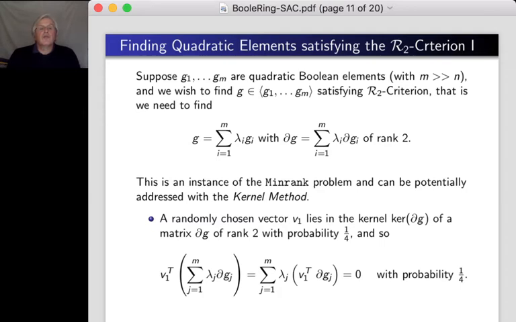So if a vector lies in the left kernel of the sum of lambda_j times the partial matrix partial G_j, then v1 transpose times this matrix, which we can write as the sum of lambda_j times v1 transpose times partial G_j, should equal 0 with probability a quarter. So it's quite easy to find vectors in the kernel, if we have a matrix of rank 2.